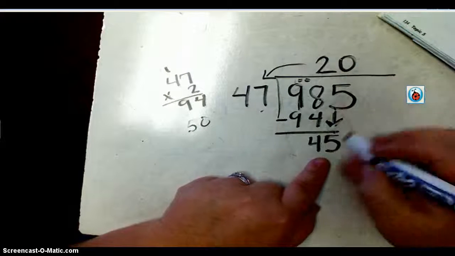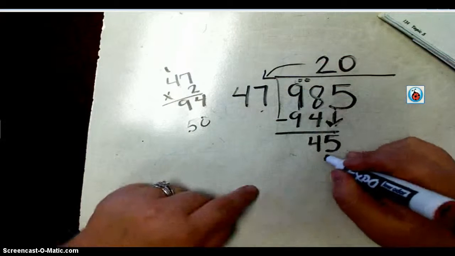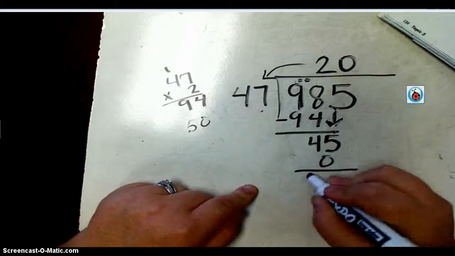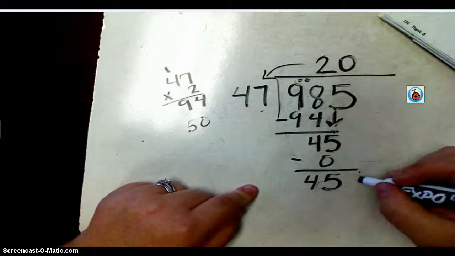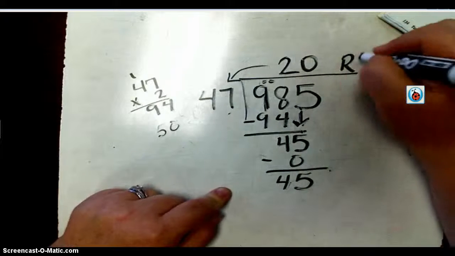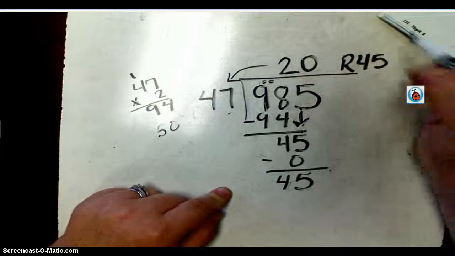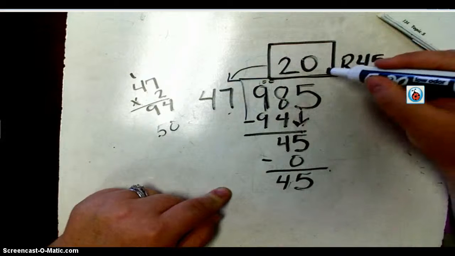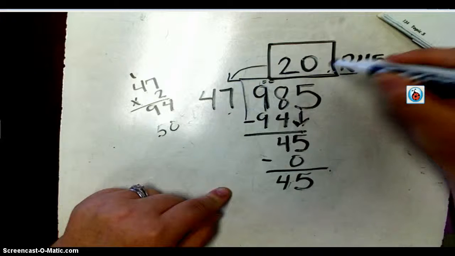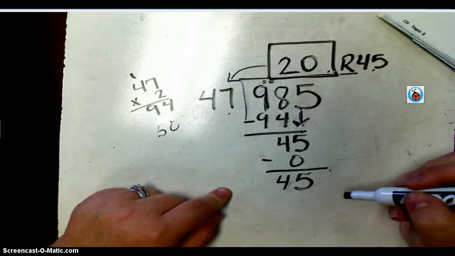Okay. 0 times 47 is 0. Now I have 45. When I subtract, I have nothing left to bring down, so my remainder would be 45. Again, with all of these problems in today's lesson, you're going to have 2 digits in your quotient that do not include the remainder. Okay?